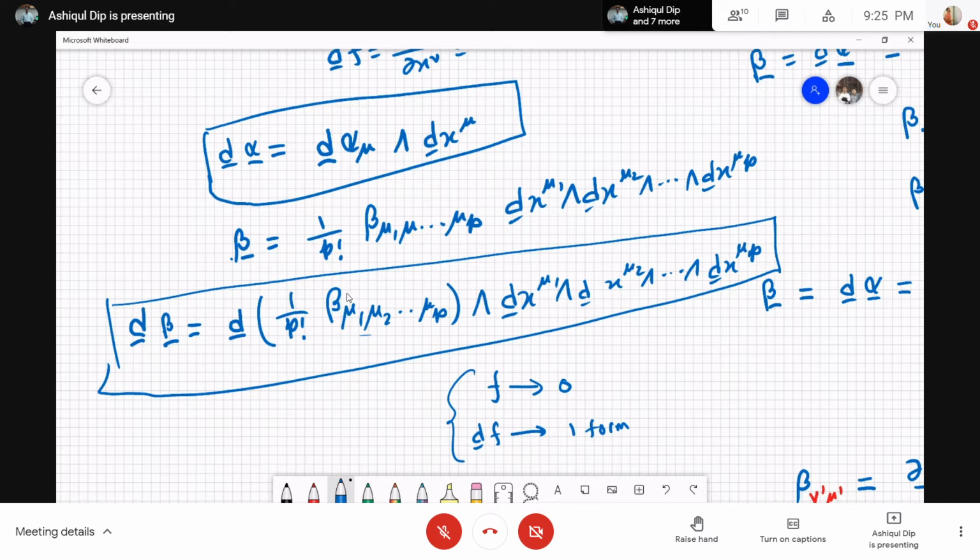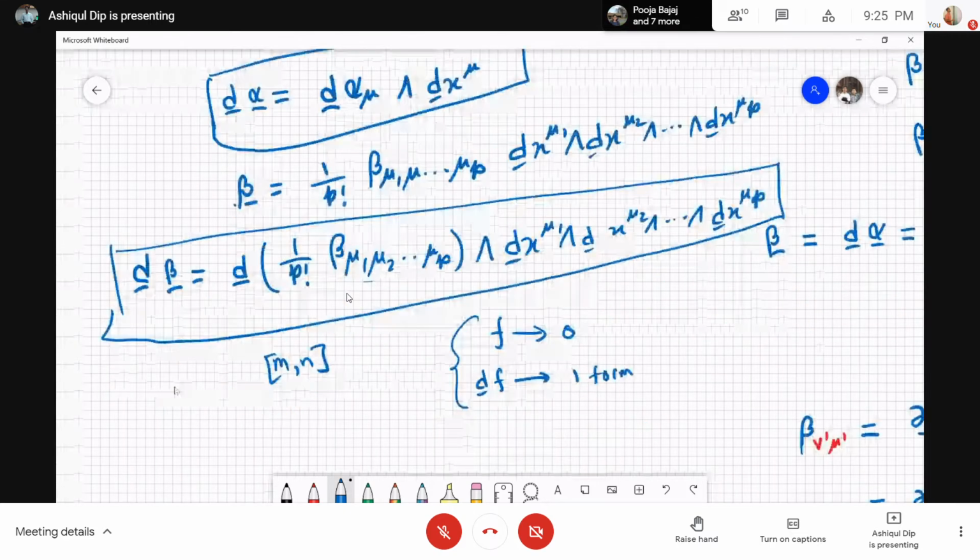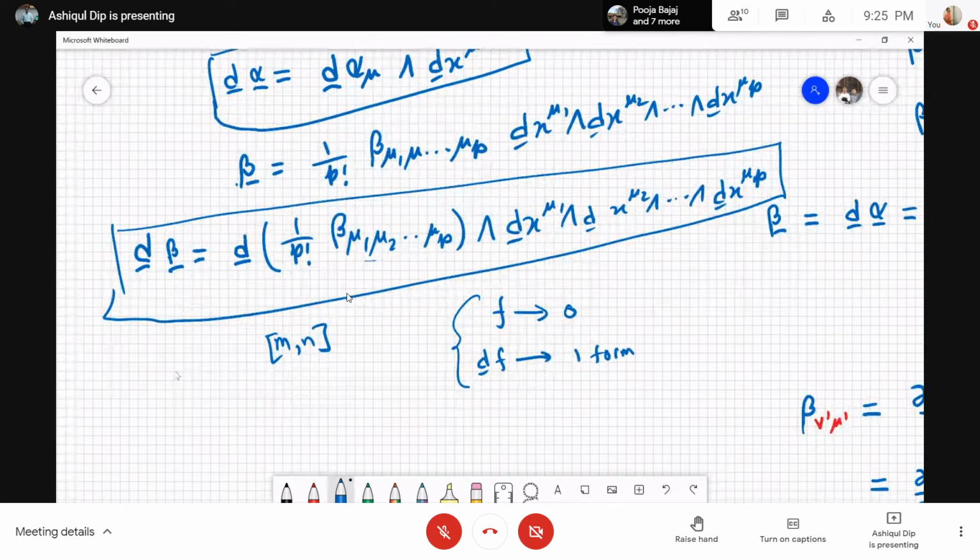So if you have an m n tensor, then finding the rate of change of that tensor will increase the tensorial index. So the way calculus works, it should always be like this for an arbitrary tensor. That's for sure.